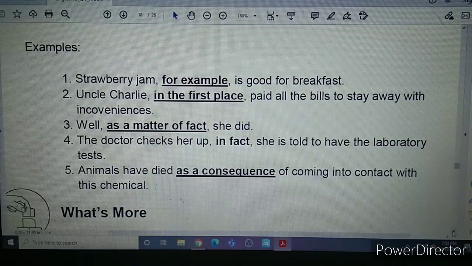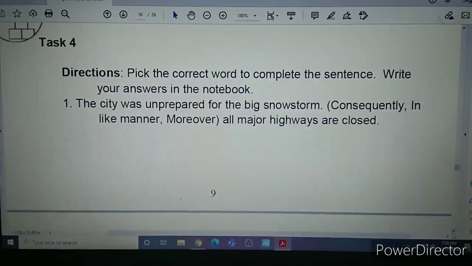Number 3, well, as a matter of fact, she did. Number 4, the doctor checks her up. In fact, she is told to have the laboratory tests. Number 5, animals have died as a consequence of coming into contact with this chemical. Again, all of the underlined words are examples of parenthetical expressions.